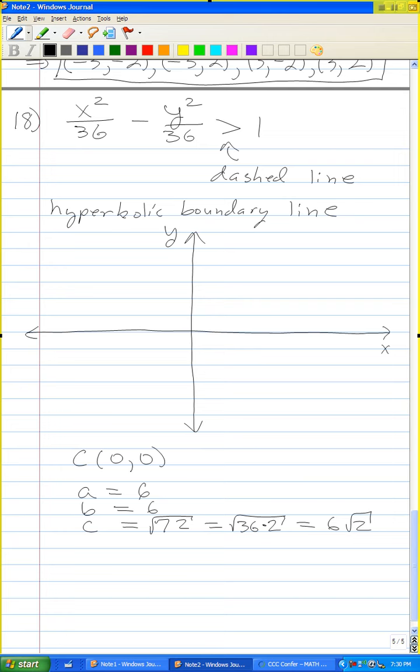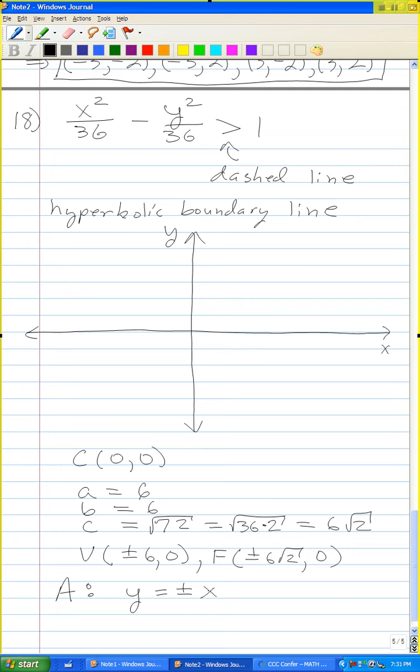And the vertices are at plus or minus 6, 0. The foci, plus or minus 6 radical 2, 0. The asymptotes are at y is equal to plus or minus x.